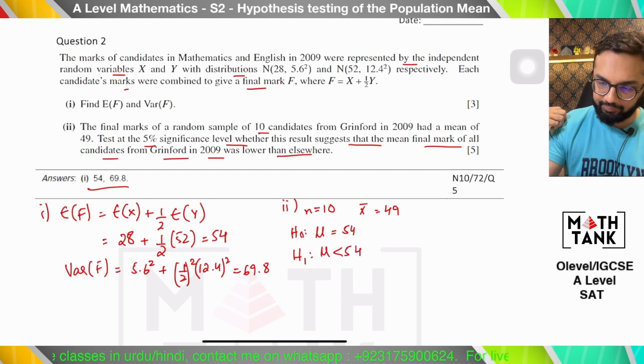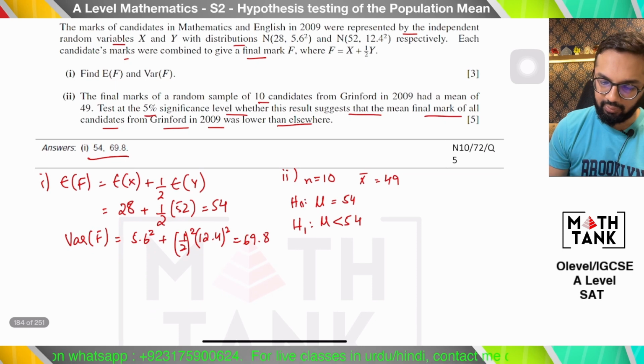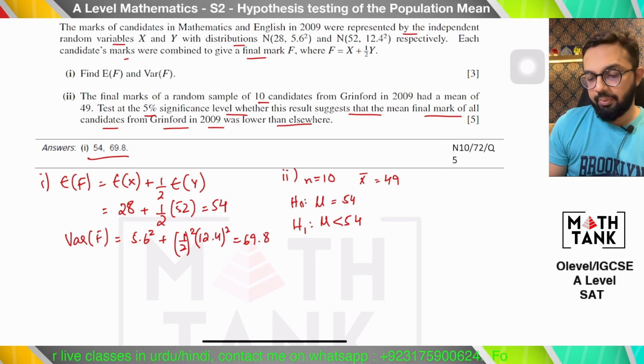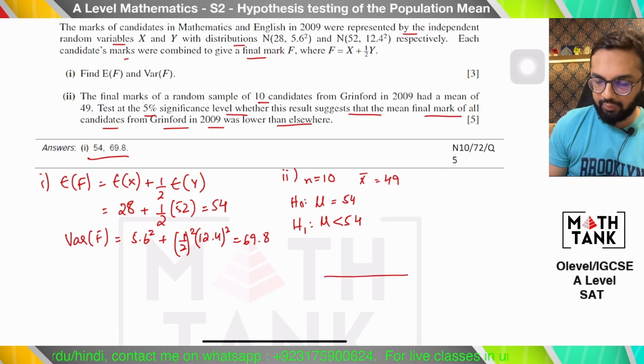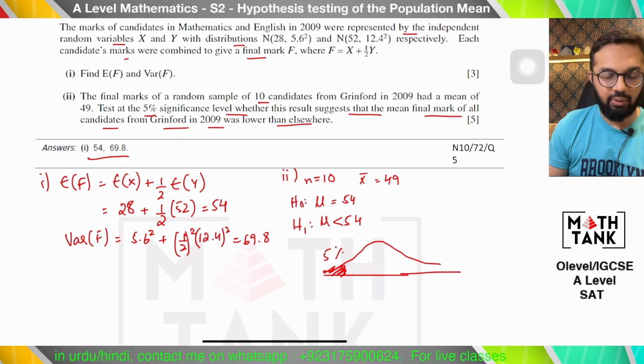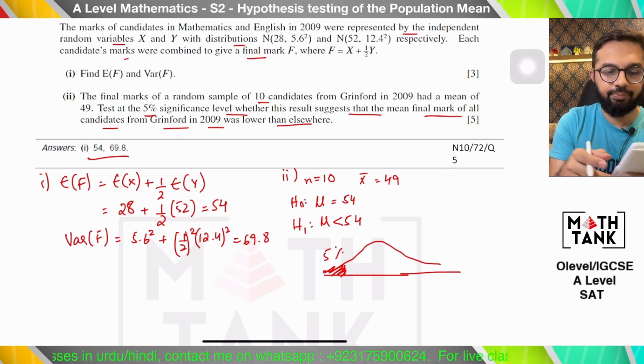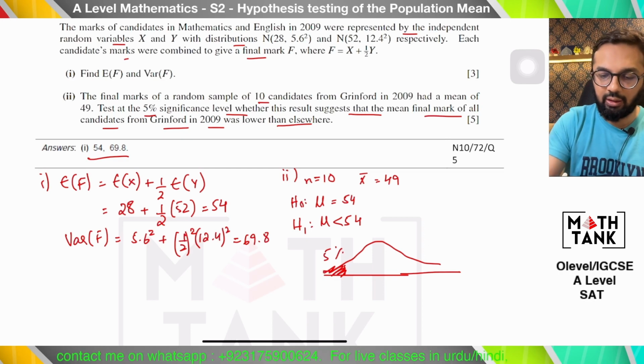Then I have to draw my rejection region first. This is a 5% test, so I will read my calculator for 95% inverse normal. Okay, let's do that on screen.